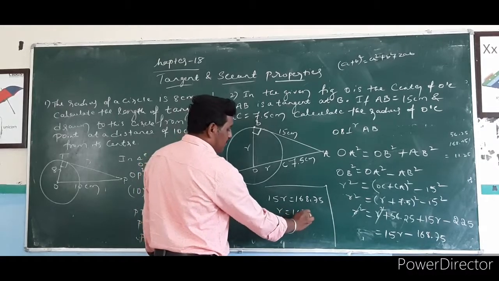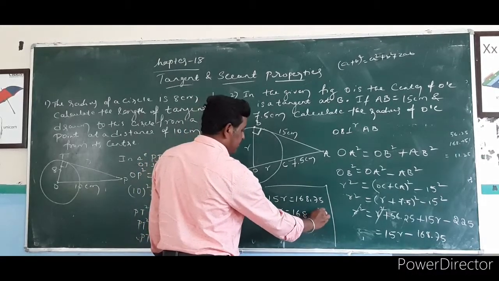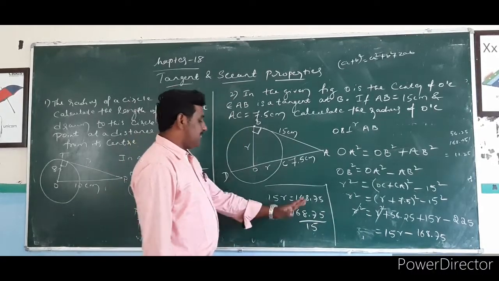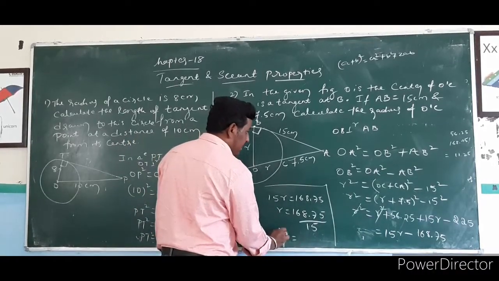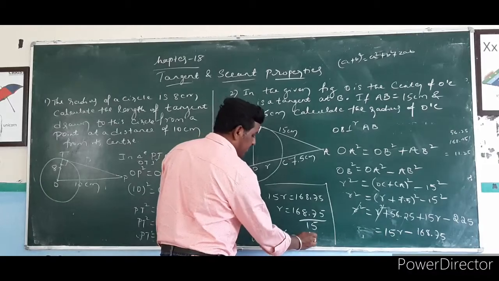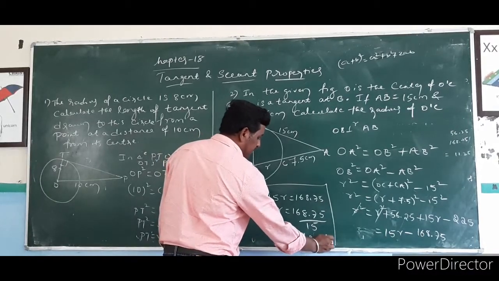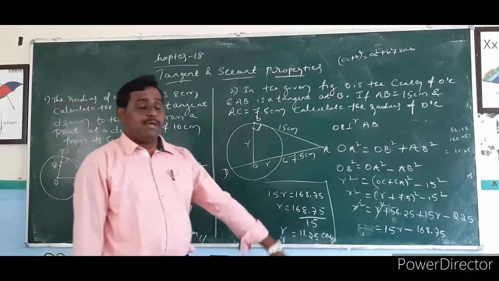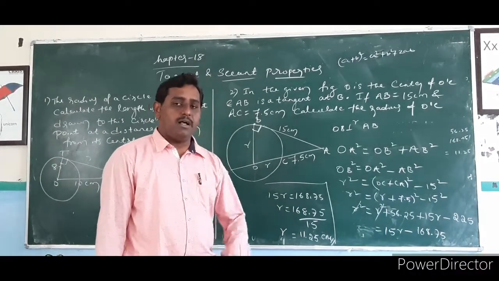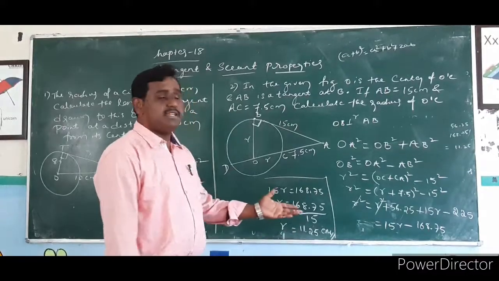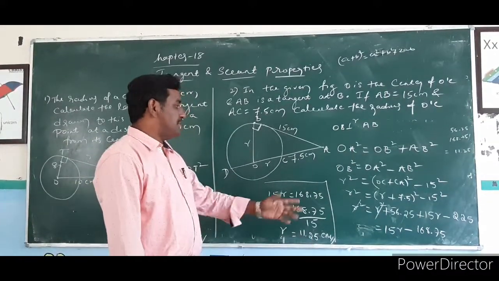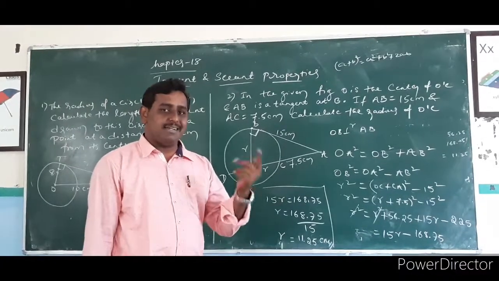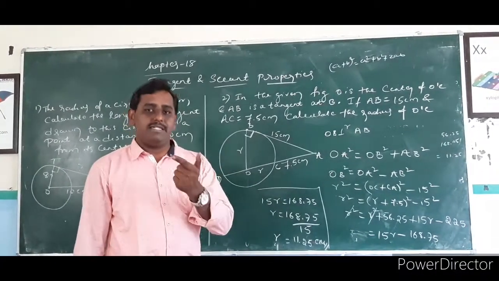R is equal to 168.75 divided by 15. If you calculate this, you will get the radius equal to 11.25 centimeters. So like this we can use the points I taught at the beginning of this class. Use those points and you can easily find the radius, tangents and the distance from the center to the tangent point.